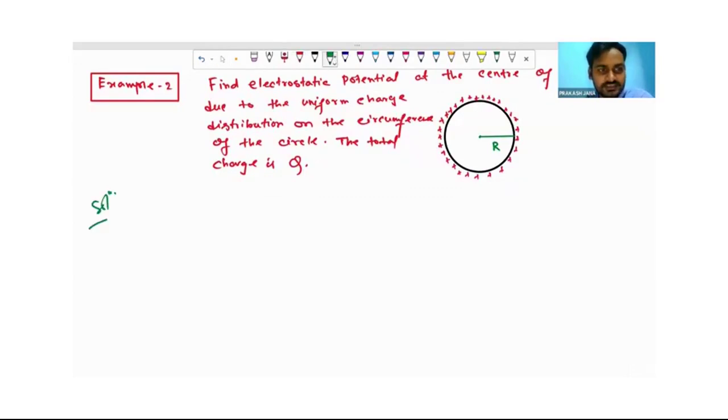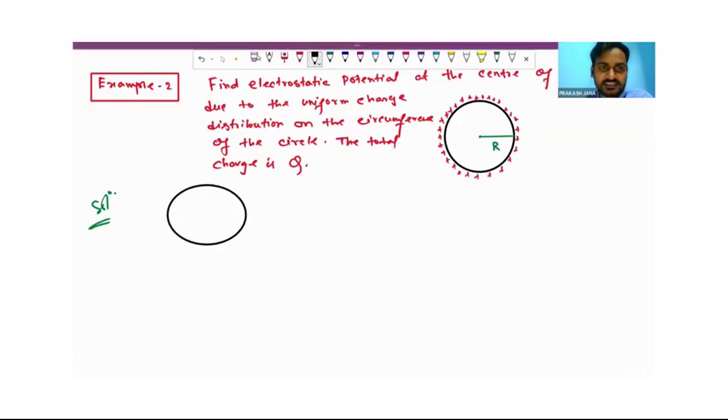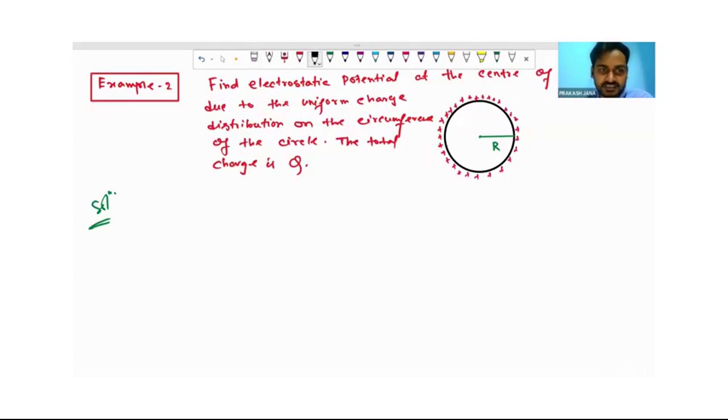Okay, now we will solve this. How to solve this? See, this is the circle on which the charges are uniformly distributed. Now we will see how the potential will be calculated. Okay, which one is the center? This is the center at which we are going to find the electrostatic potential.